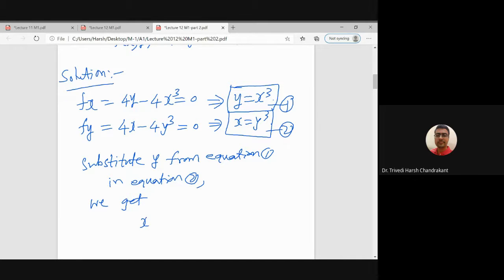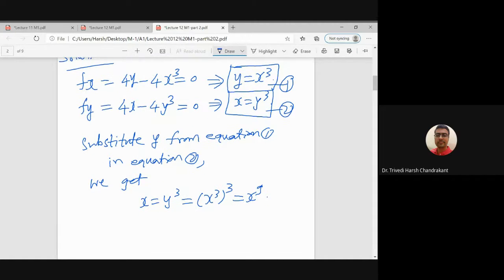We get x equals y cube, and then we substitute y equals x cube. So we get x cube power 3, that is x power 9. Therefore we get x times (1 minus x power 8) equals 0.